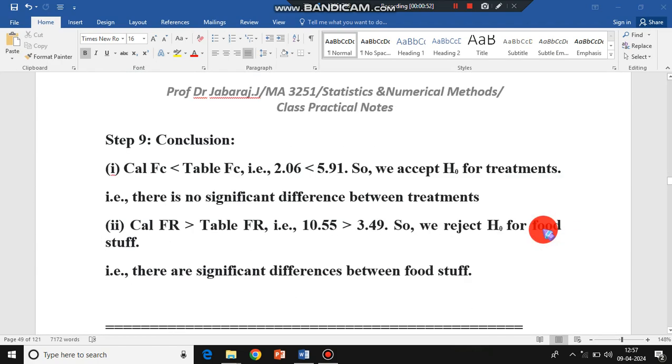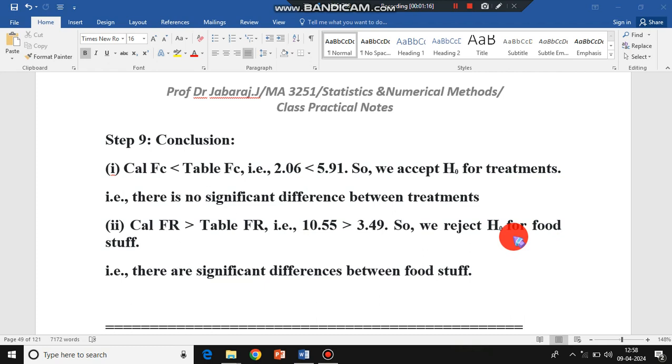Okay, so when the calculated value of F row wise is greater than the table value of F row wise, then the ANOVA analysis says that we have to reject the null hypothesis.